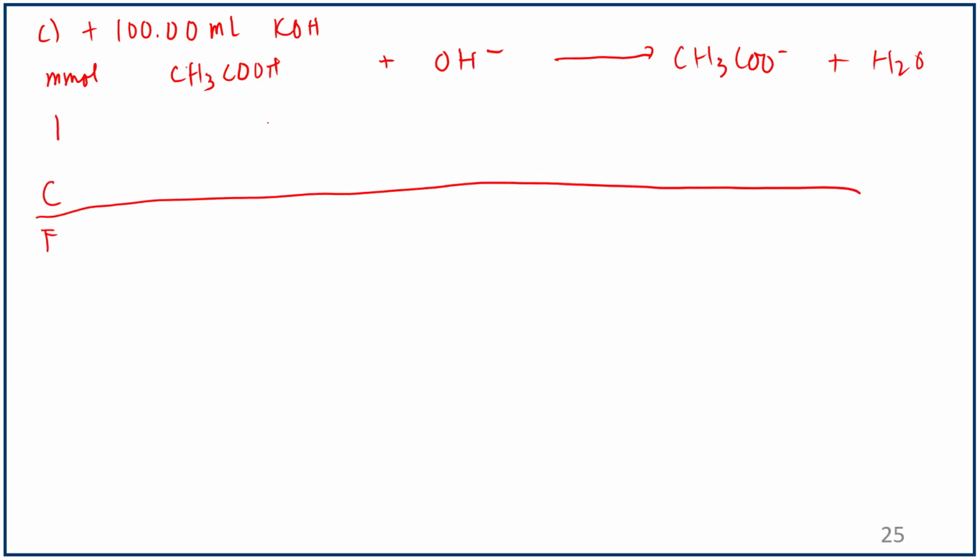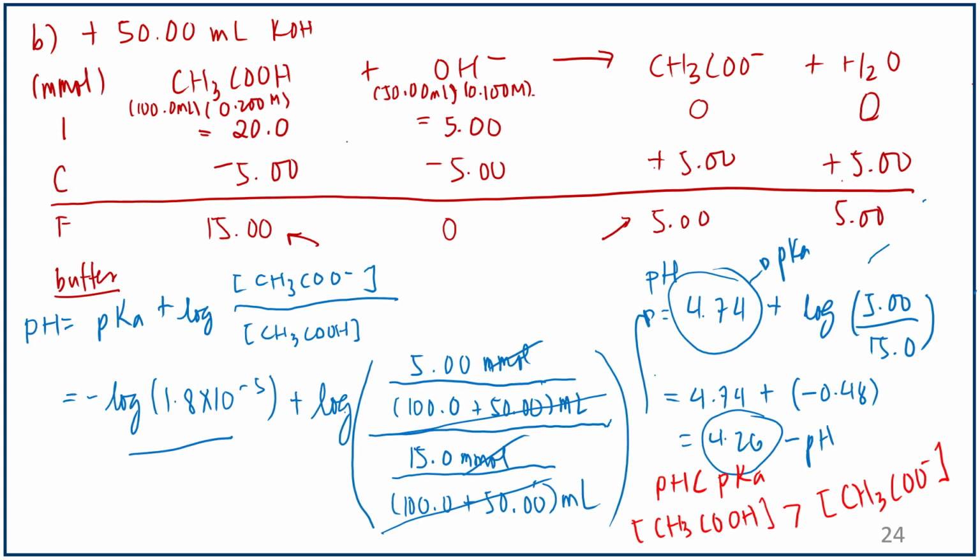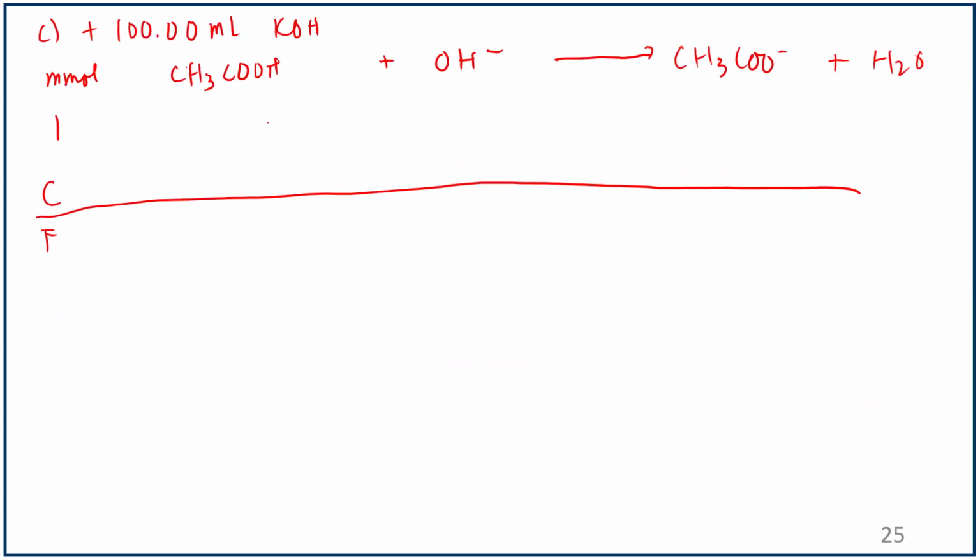Similar to the first titration case, we're going to start from scratch here for acetic acid. We're not going to begin with 15. Instead, we're going to start with 20, as if this were a separate addition in a separate flask.